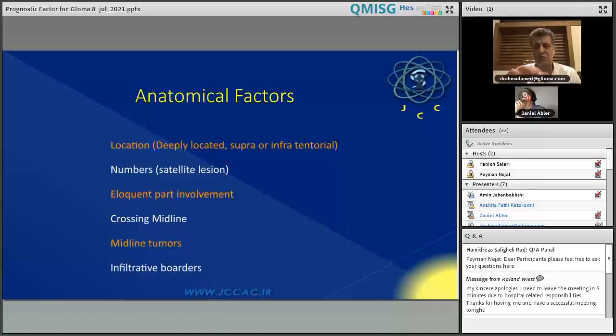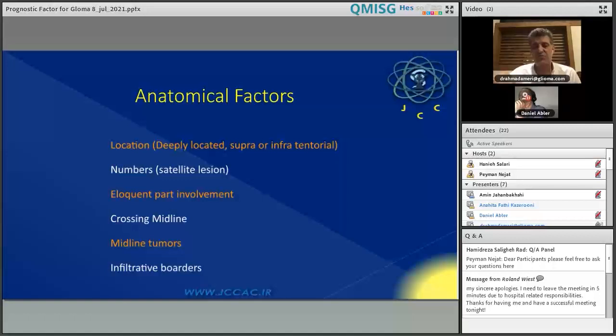Midline tumors are usually seen in pediatric gliomas, but with the new definition and molecular classification, midline tumors may also affect adult patients, and these usually have poor prognosis and some special markers in the molecular studies.